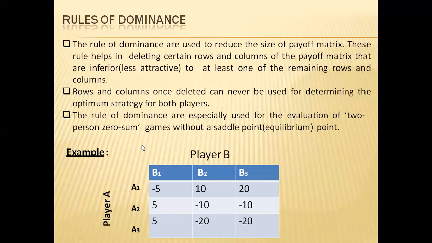Here it clearly specifies the A1 values, that is -5, B1 value -5, A2 5, B1 A2 5, A3 that is 5. And coming to B2, that is 10, -10, -20, has been given as an example.